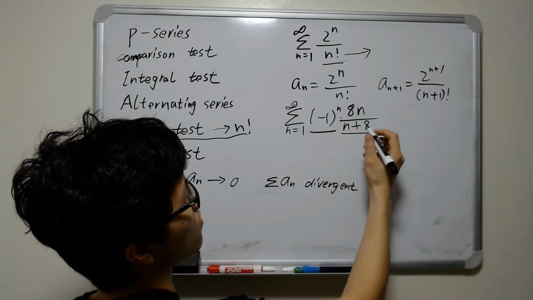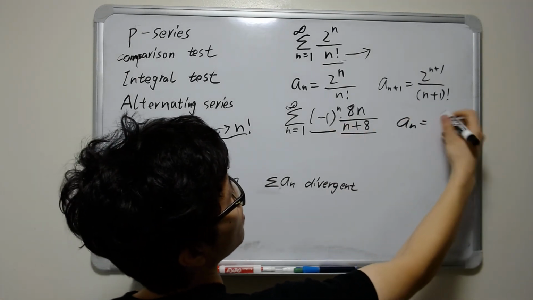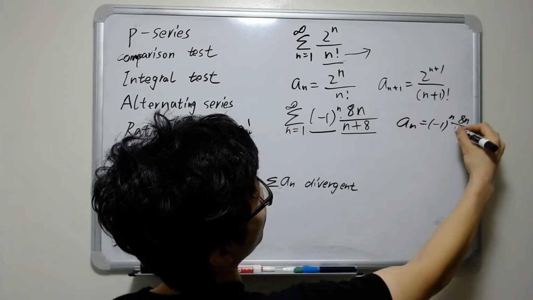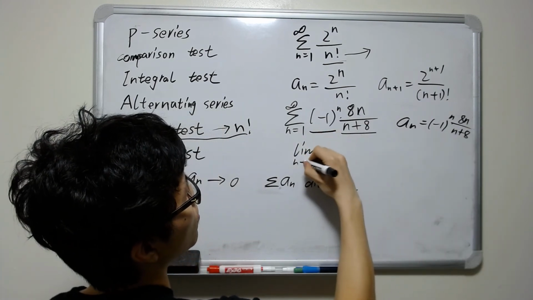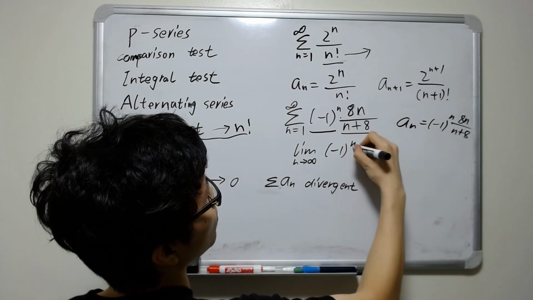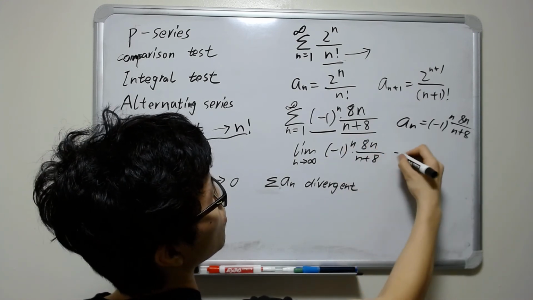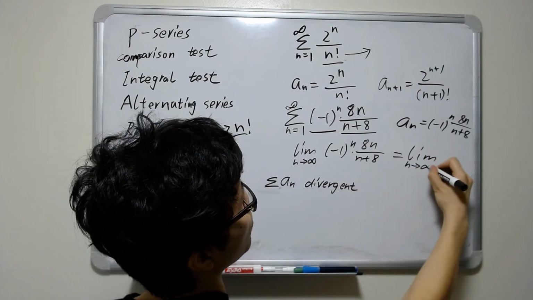So in this case, our an is -1 to the n, 8n over n plus 8. We take the limit as n goes to infinity of -1 to the n, 8n over n plus 8.